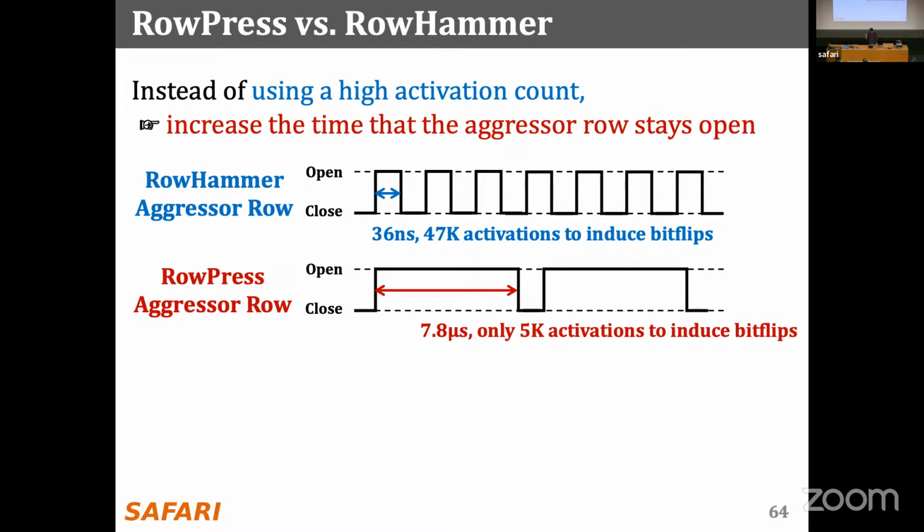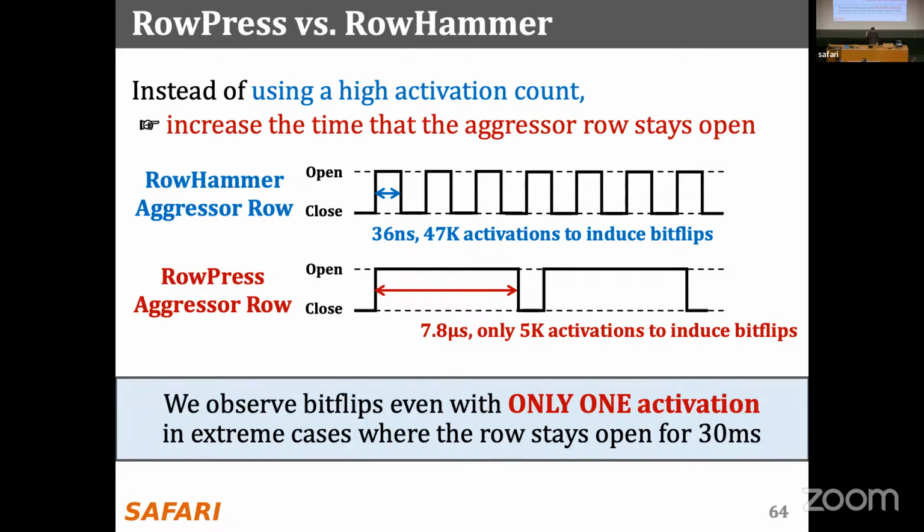But if you keep the row open for 7.8 microseconds, which is the maximum amount of time that the JEDEC standard specifies, then you only need 5K activations to induce a bitflip. That's an order of magnitude reduction in the number of aggressor activations you need to induce a bitflip.